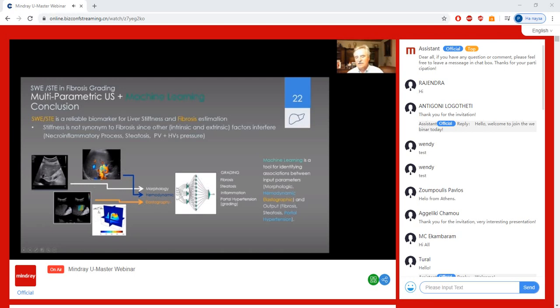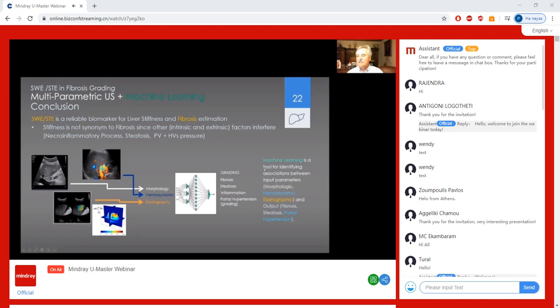It is the responsibility of this network, under strict rules of training, to output as parameters the grading of fibrosis, steatosis, inflammation, and portal hypertension.